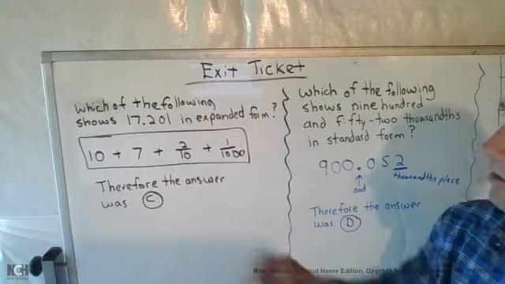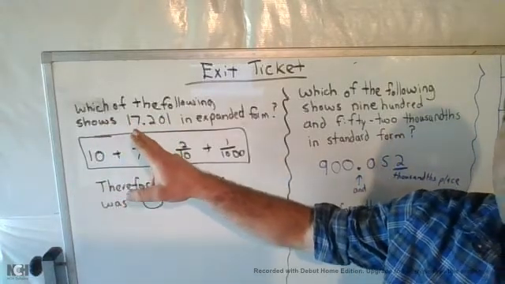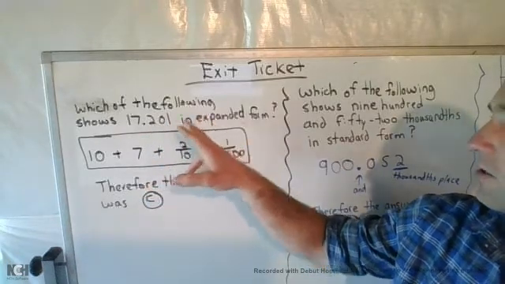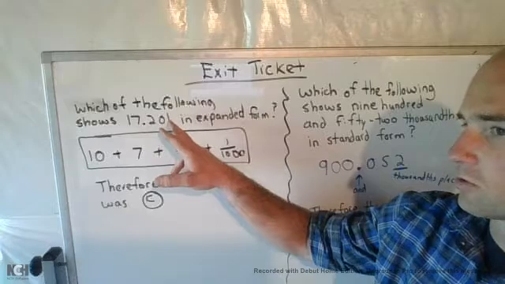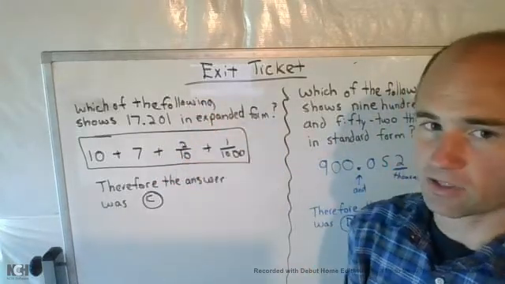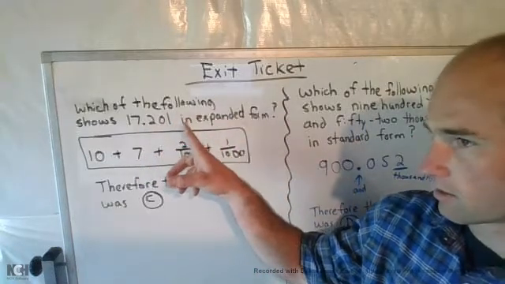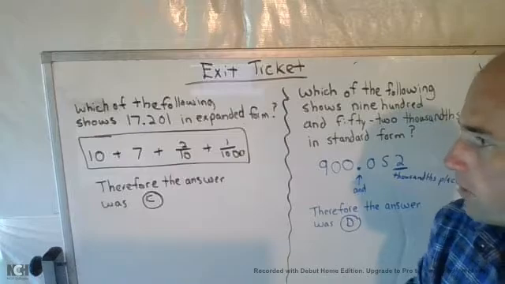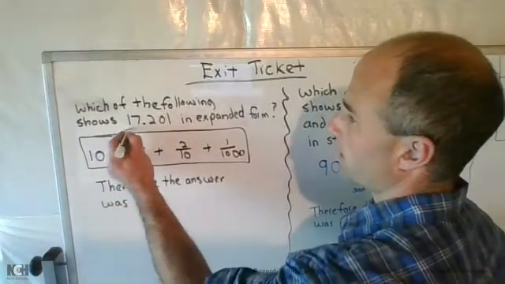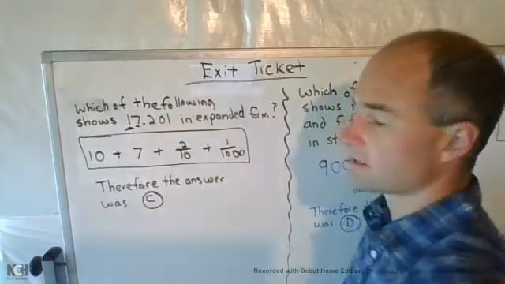The first one: which of the following shows 17 and 202 thousandths in expanded form? I had to think about that for a second. 10 comes from that 10. 7 comes from that 7.